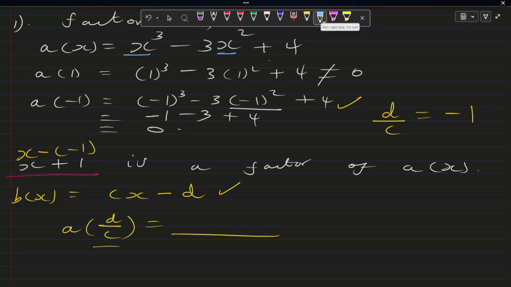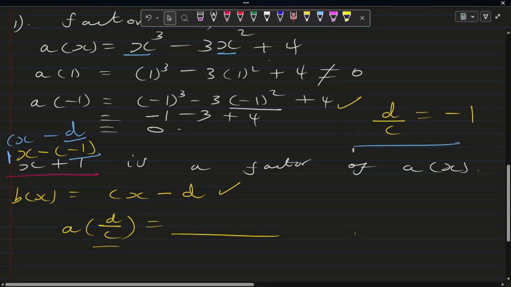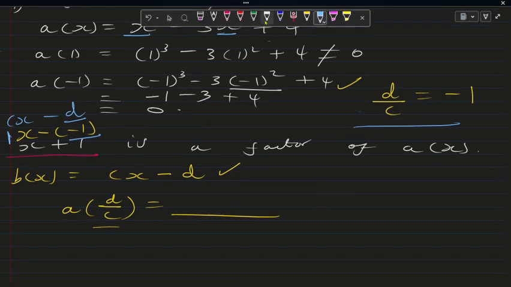This guy, x minus minus 1, makes it clear that d is equal to minus 1 and c is equal to positive 1, the coefficient of x. So this is basically working backwards. We are using the remainder theorem backwards, so to speak. Hopefully that makes sense.